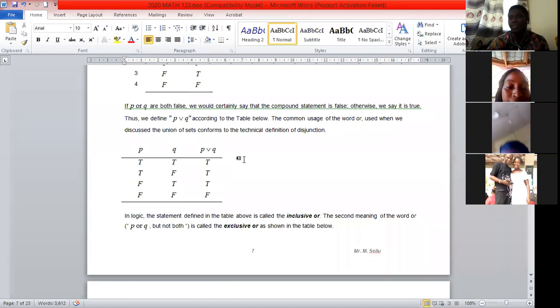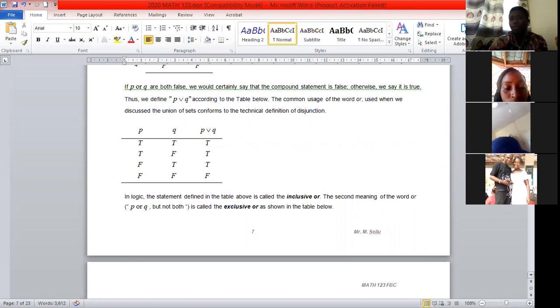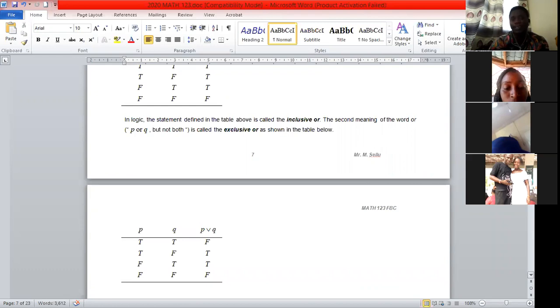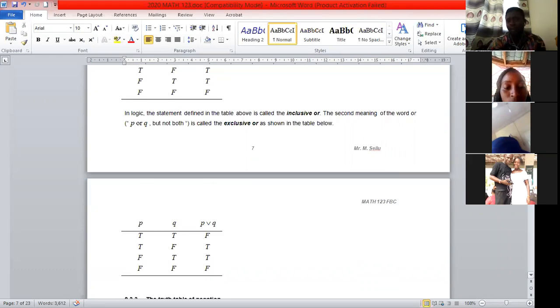I was paid and I did not pay the person, but it is true, I was paid. So that is another condition. So you say true or true is equal to true. True or false is equal to true. False or true is equal to true, and false or false is equal to false. So that is the second table I expect you also to write, and you can understand that one very well.